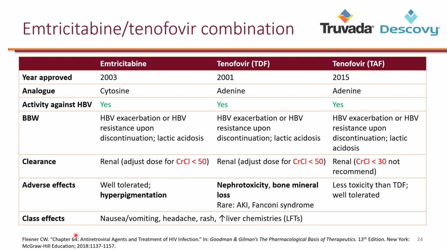Generally speaking, these drugs are very well tolerated. Emtricitabine specifically can cause hyperpigmentation. TDF can cause nephrotoxicity and bone mineral loss, and this in fact is the reason that we came up with a new formulation, tenofovir alafenamide, which still does have nephrotoxicity and bone mineral loss, but significantly less compared to TDF, and I'll explain that more.